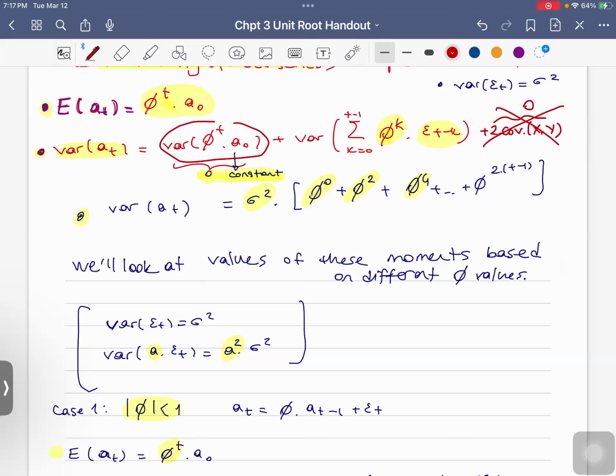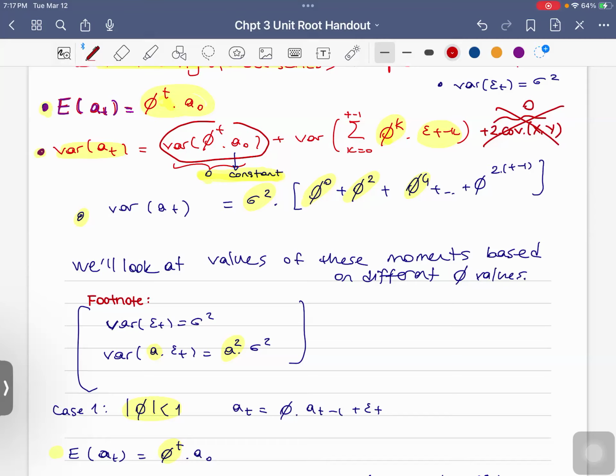And I also wrote here another footnote on the variance process, on how to take the variance of a process, okay? Now let's think of the first case. The first case I want you guys to look at is what happens to this expected value and the variance when phi is a number less than 1, a fraction, okay?